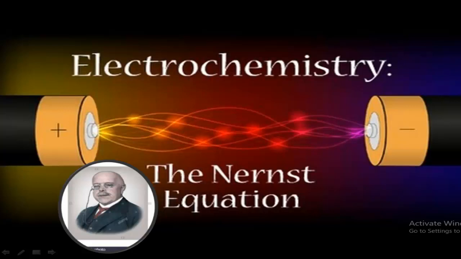So for this, the German scientist Walther Hermann Nernst established a relation between the non-standard state electrode reduction potential and the standard state electrode reduction potential, and this is known as the Nernst equation.